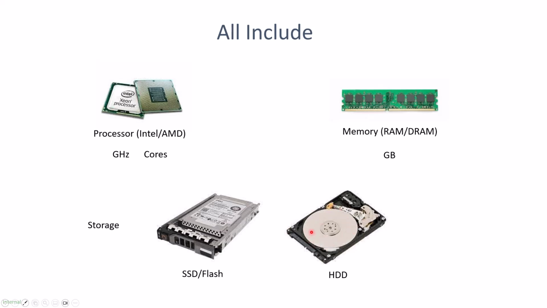That disk spins around, and then this armature will move along to find the sector where the required data is, so that data can then be sent to the memory so that the processor can access it from the memory. Much faster than tape, but still slow by comparison because it's got this moving part, this armature, which slows things down.